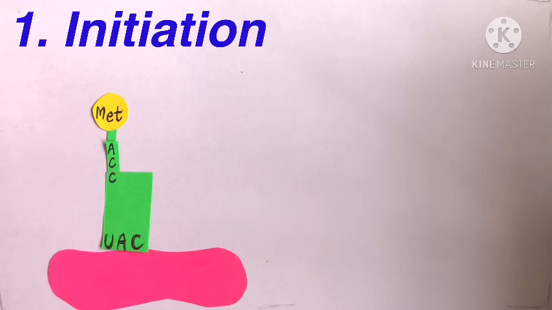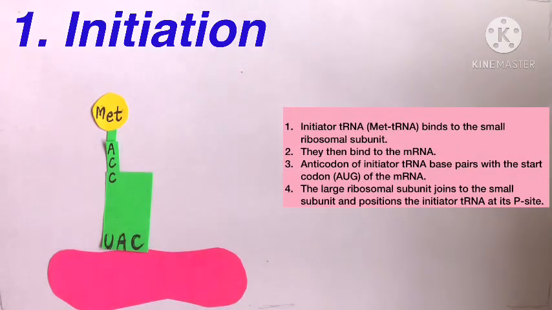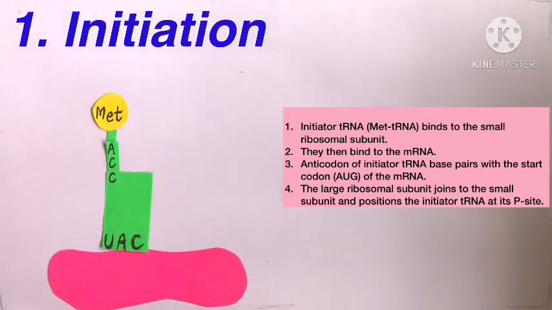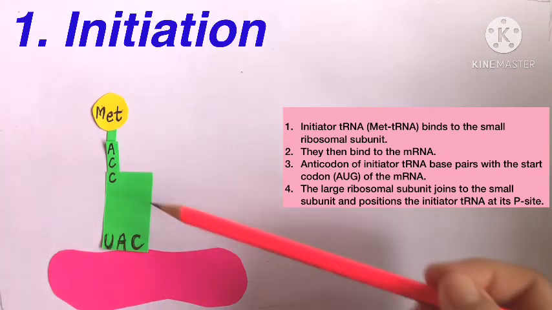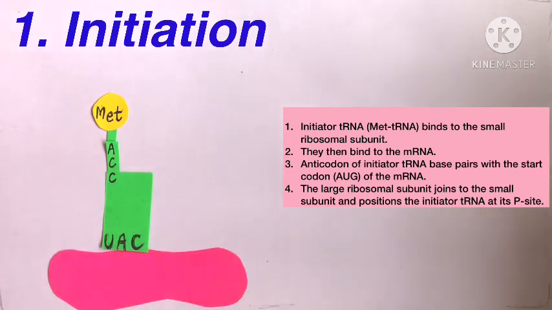In the first stage of initiation, the initiator tRNA, which is a tRNA containing methionine at its 3' end, binds to the small ribosomal subunit. So this is the small ribosomal subunit, with the help of initiation factors. Such a complex made up of the initiator tRNA and the small ribosomal subunit then binds to the mRNA.